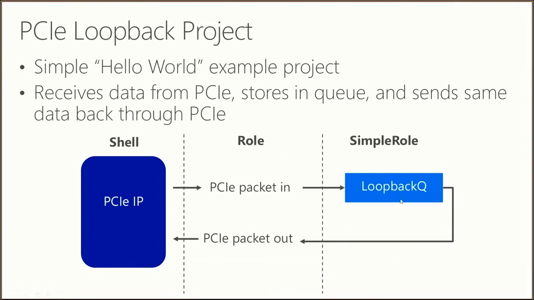As you can see from the figure, when the host sends data to the FPGA, the simple role will get some PCIe packets from the shell, buffer them in the loopback queue, and then send the same data back through PCIe. The user logic is contained entirely in the simple role.